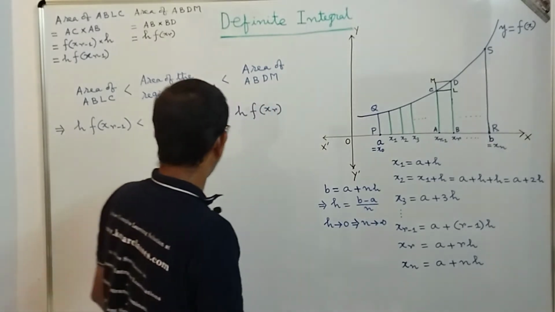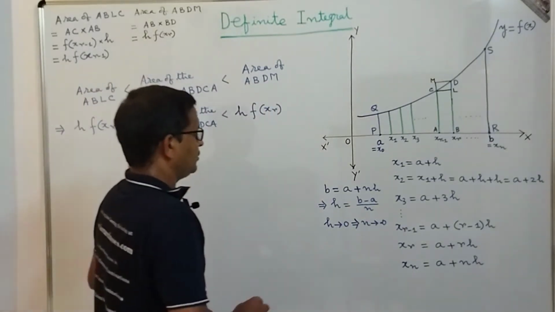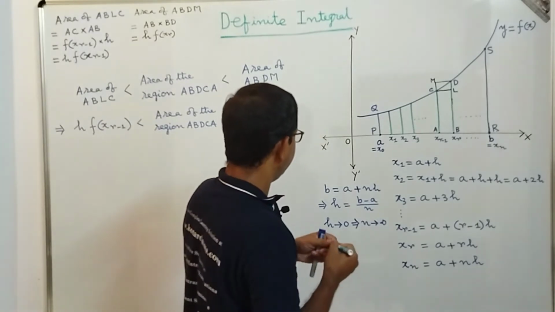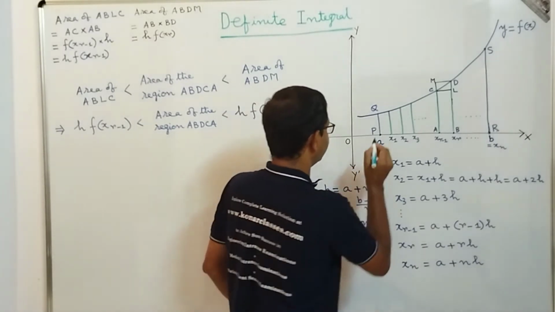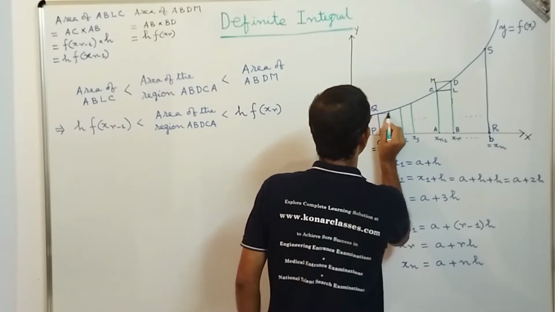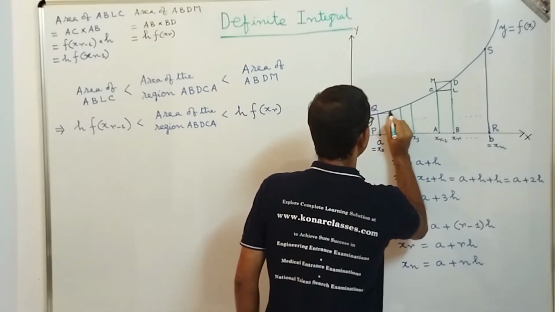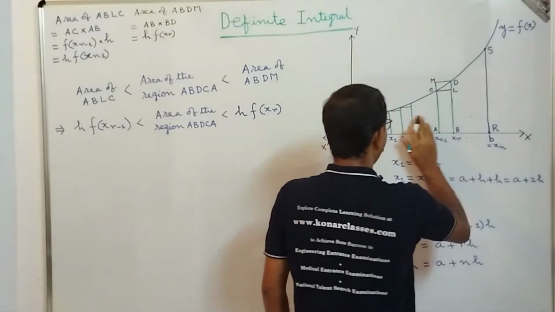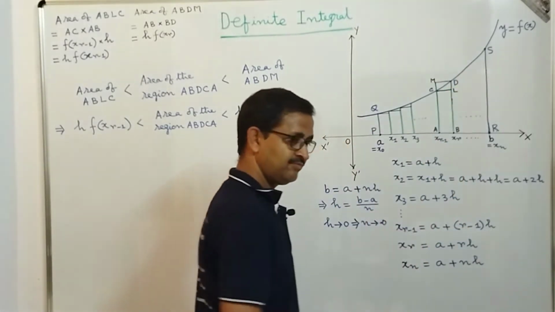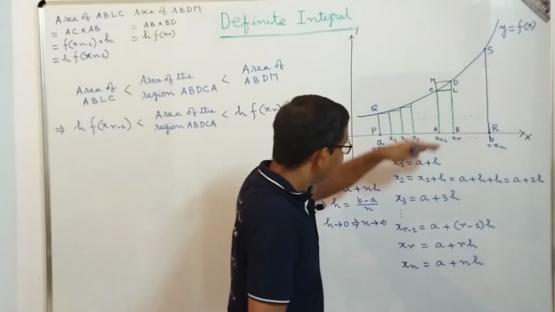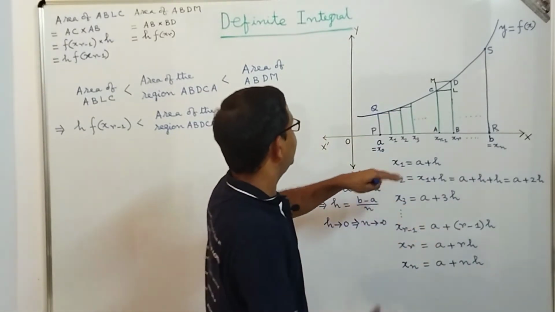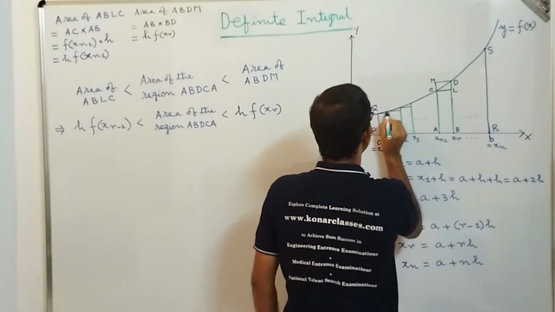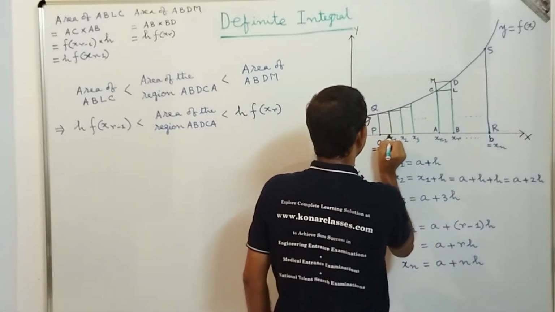Okay. So now if we start finding the areas of all the lower rectangles, this is the lower rectangle, then this is the lower rectangle, this is the lower rectangle. In that way, if we add all these lower rectangles, that area should be lesser than the area of this curve. Correct?